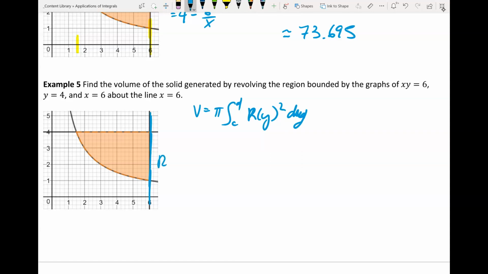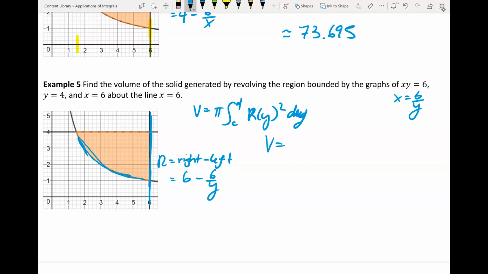So we need to find our r, and we're going to find r by doing right minus left. So our most right is going to be the line x equals 6. And then our most left is going to be this equation that we can get from xy is equal to 6. Remember, we want to integrate in terms of y, so I'm going to solve for x. So we can get 6 over y, so minus 6 over y.